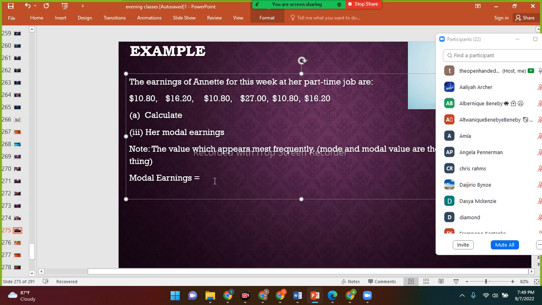Which value occurs the most frequently? 1080. 1080, very good.